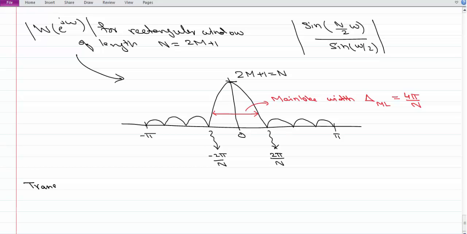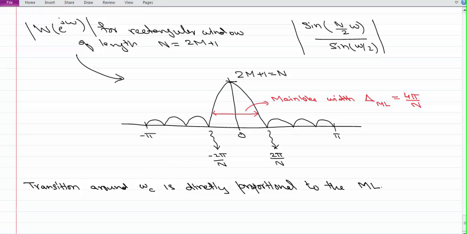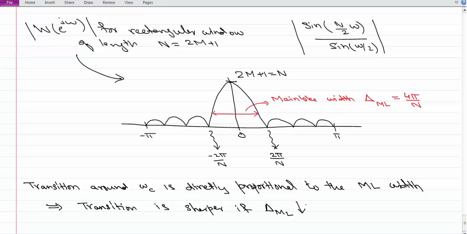So the transition around ω_c is directly proportional to the main lobe width, which means that the transition is sharper if Δ_ml goes down.